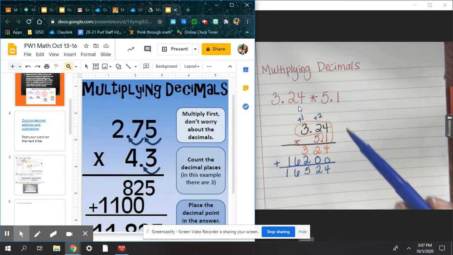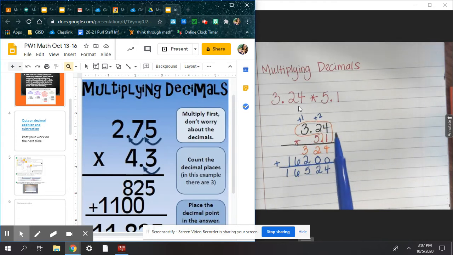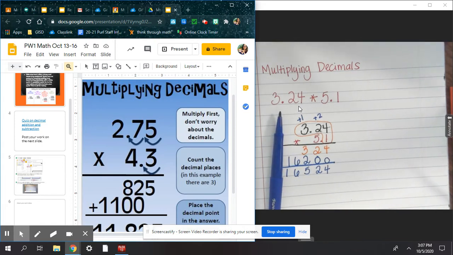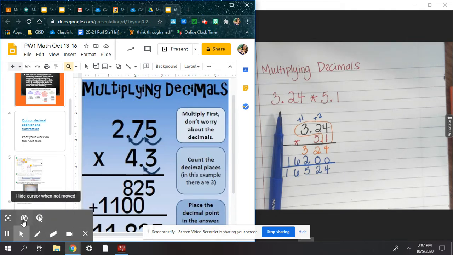Now, the second step, now that I'm finished multiplying, this is the part where it can be tricky. This is where I have to count the decimal places. Okay, now look at the example over here. In the example, when we're counting the decimal places, let's see if I can highlight this.